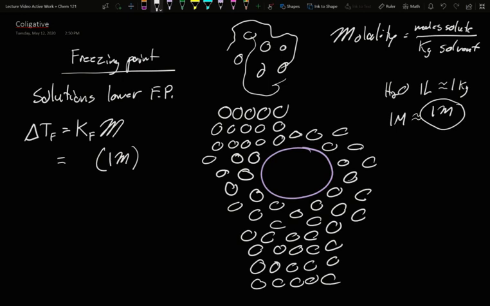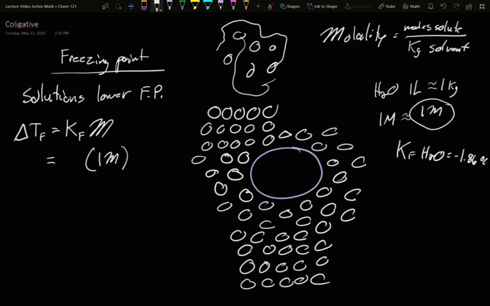How much will that change my temperature by? Kf for water is negative 1.86 degrees Celsius per molal. So 1.86 degrees Celsius per molal times 1 molal. So my change in temperature of freezing is 1.86 degrees Celsius.